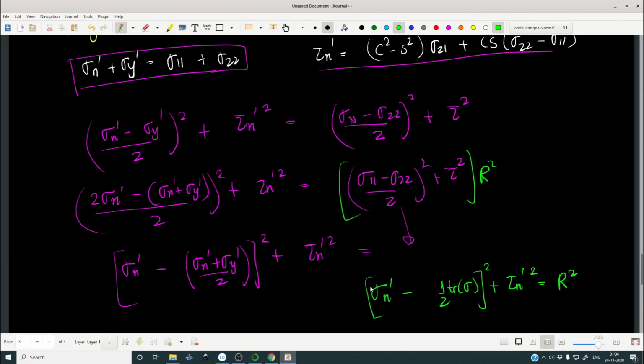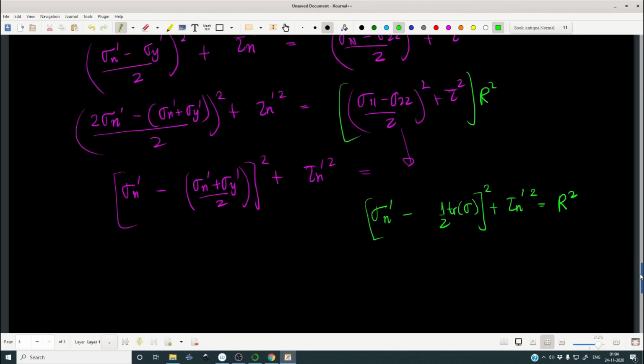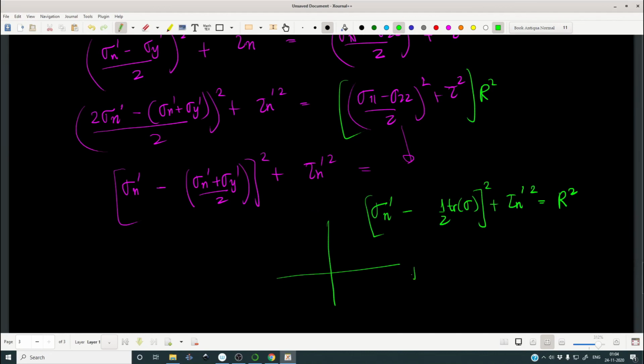So it's clear that the locus, or rather the curve in the σn'-τn' plane, will be a circle whose center is at this point, that is the σ average, σn' plus σy' by 2.